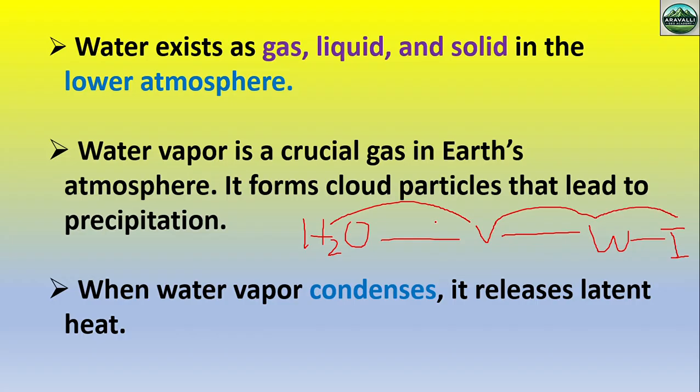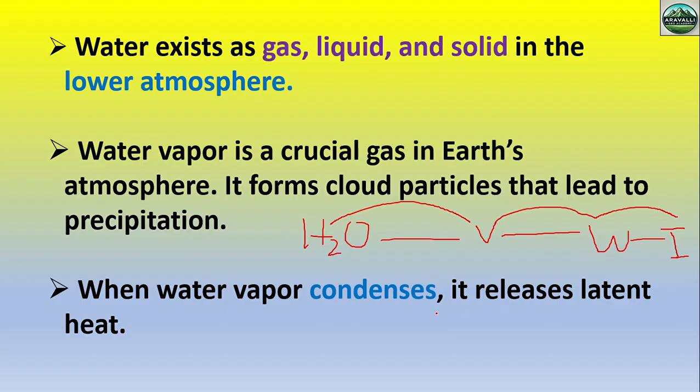During the phase change, water absorbs or releases energy, because when we provide heat to water, then water converts into vapor. Then vapor releases the energy and converts into water. Then again water releases the energy and converts into ice. This absorbing and releasing of energy is known as latent heat.